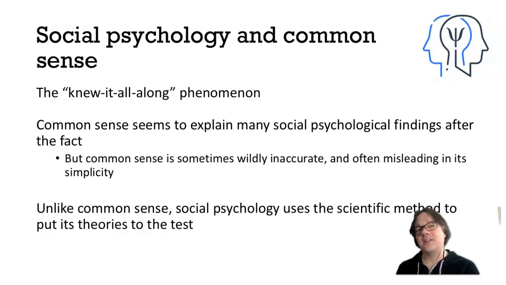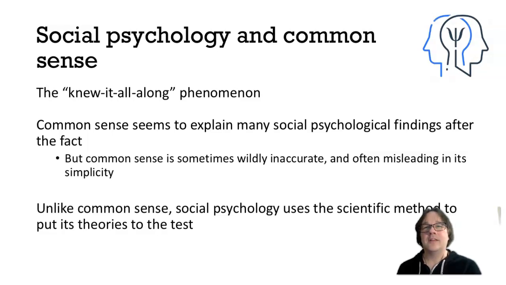So we have this phenomenon, this knew-it-all-along phenomenon, right? Again, 20/20 hindsight. Yeah, you knew it all along, except when you didn't know it. It's just now that you know the result. Now, that totally makes sense. So common sense seems to explain a lot of these social psychological findings after the fact.